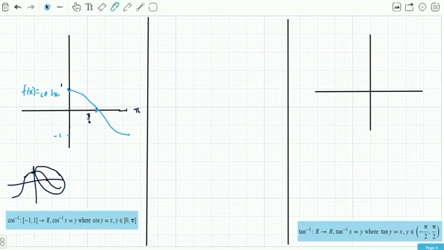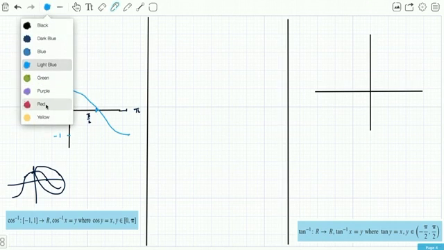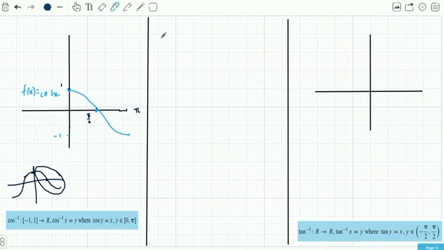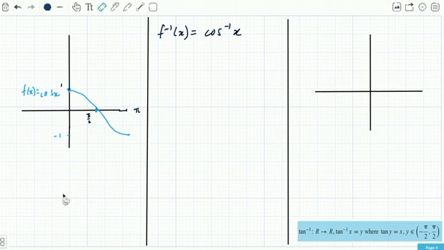Okay, for our inverse, we need to think about what we've actually found here. So our inverse function, we know, was inverse cosine of x. Now for our function here, which is f of x, let's talk about domain and range. So the domain and range you can see.